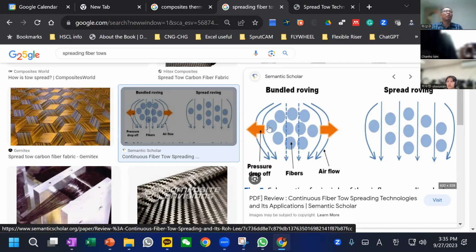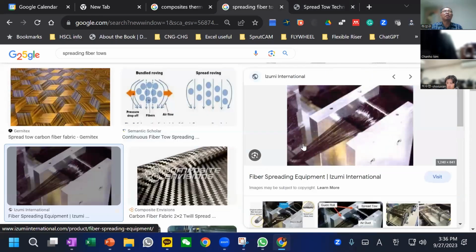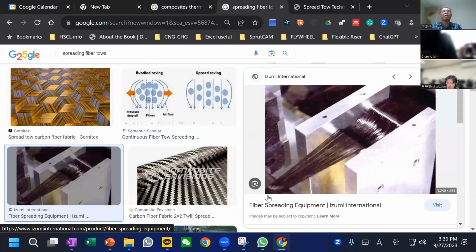in the horizontal direction. As I show here, one toe comes here, and there will be one roller, and then there can be special airflow, and there can be special heat. We apply some heat, and then a vibration.